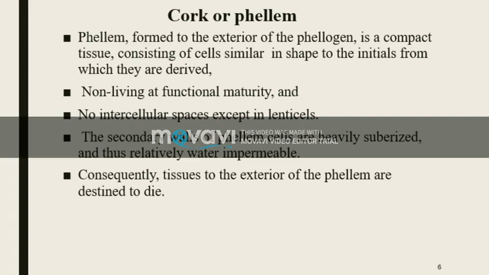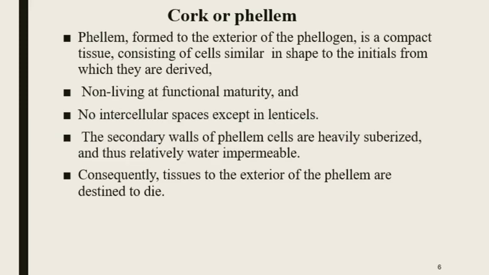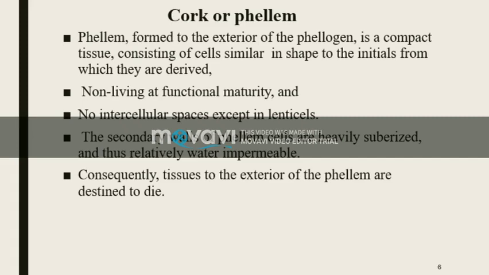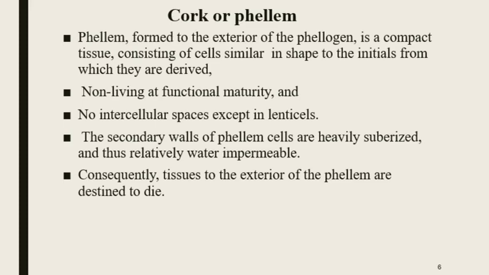In the cork, there is a deposition of suberin. As we know, suberin is impermeable to water. So there is a heavy deposition of suberin and it becomes impermeable. But some gas exchange will take place due to the lenticels. Consequently, tissues to the exterior of the phellem are destined to die.